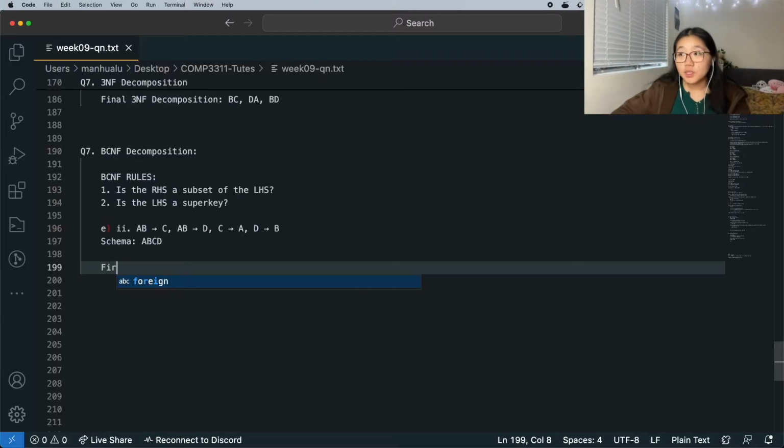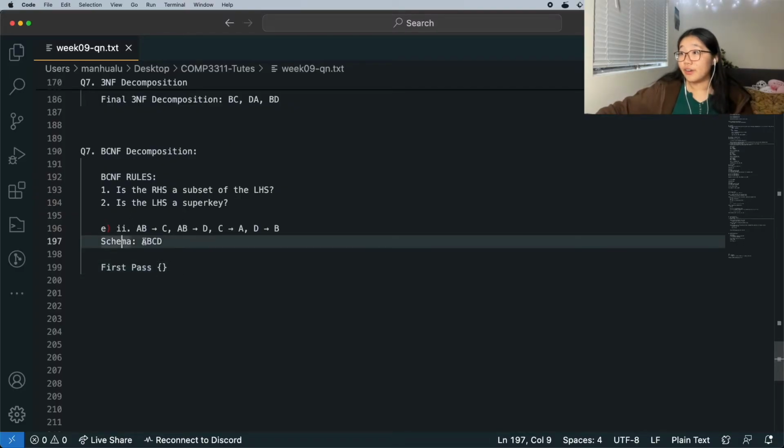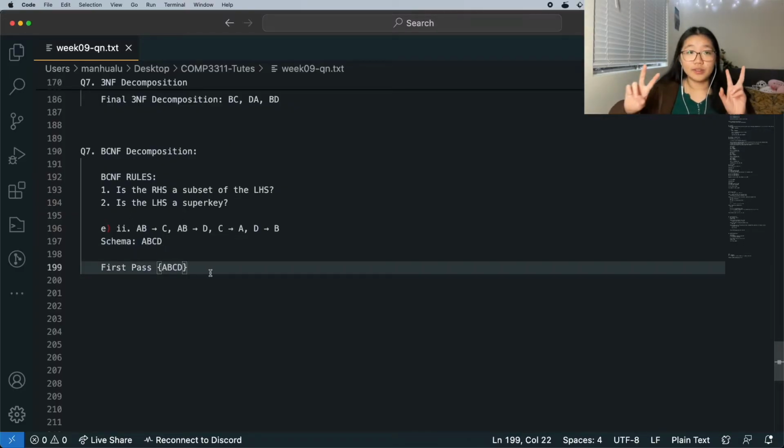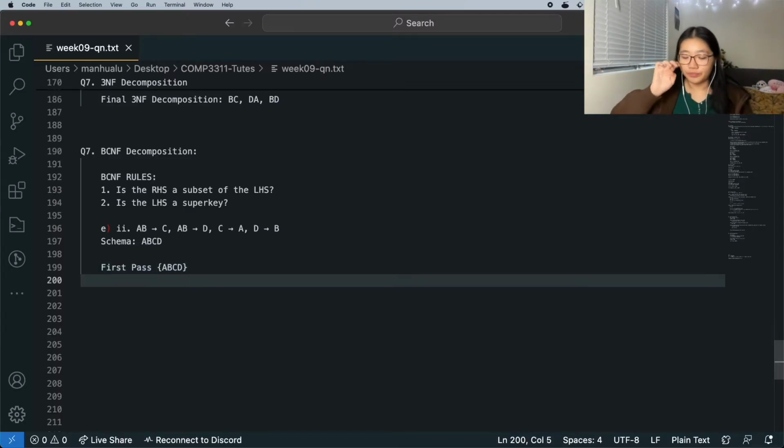The first pass has this as our schema set. Currently, at this stage, our schema is A, B, C, D, as we've just started.